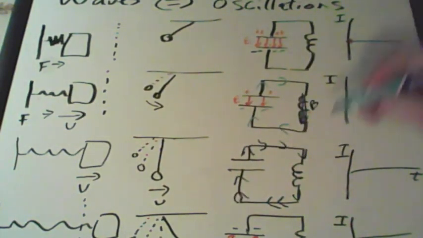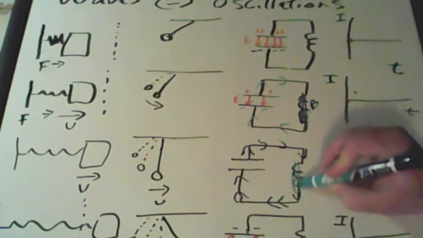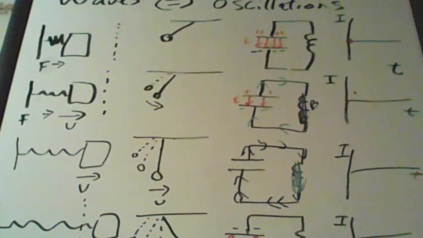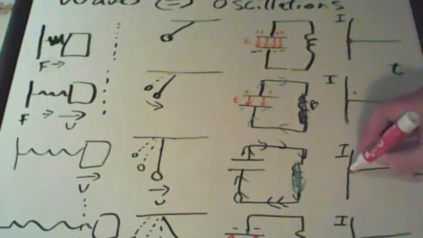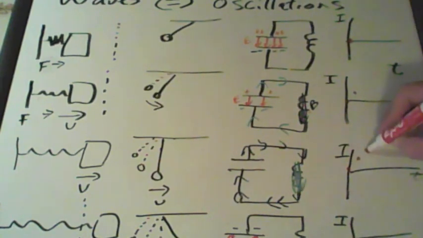As a result, we have a maximum value of magnetic field through the inductor. And so our wave will reach a peak.